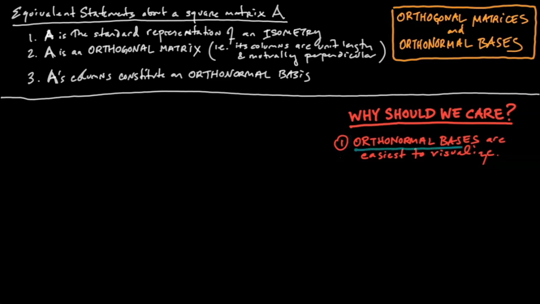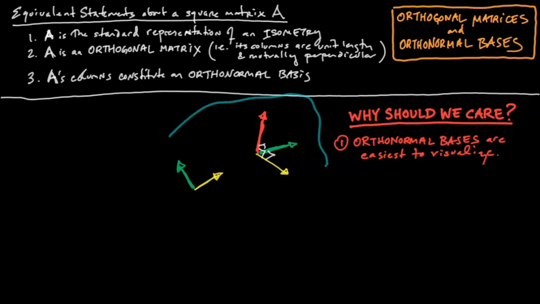First, orthonormal bases are the easiest ones to visualize. After all, any orthonormal basis gives us a frame that looks just like the frame for the standard basis vectors, except it's just been rotated a bit or reflected or something like that, subjected to a simple rigid motion, an isometry.